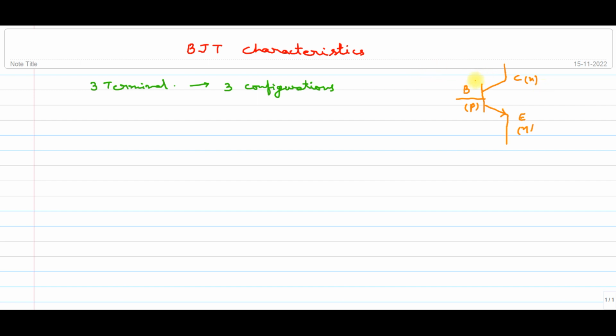Now we can see we have three terminals: base, collector and emitter. In three configurations I can make any one of them common. For example, in my first configuration I may make base common, so that configuration is called common base configuration.